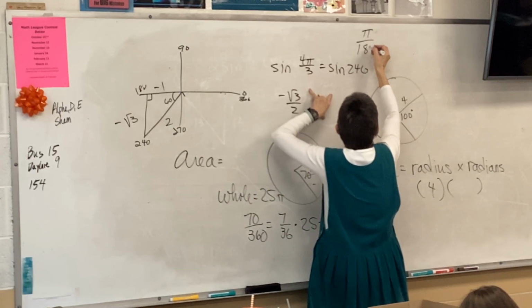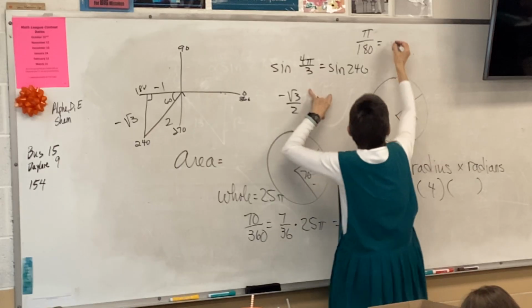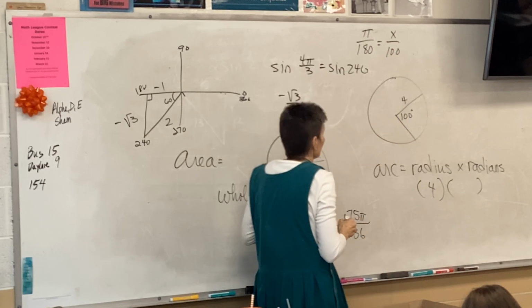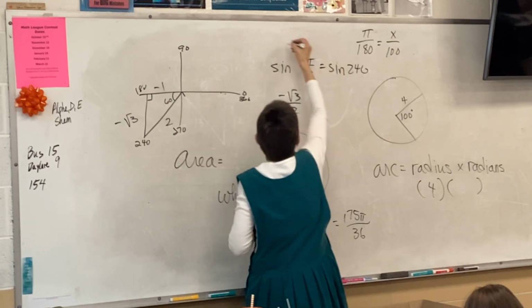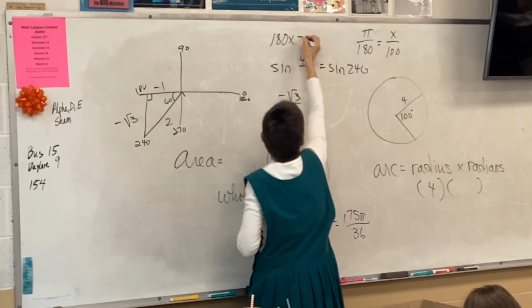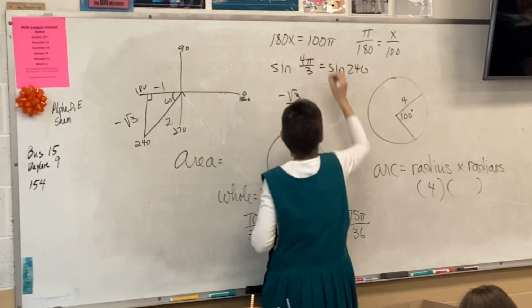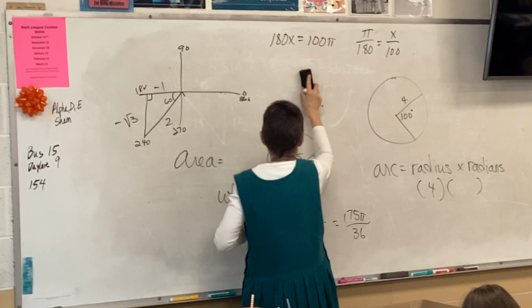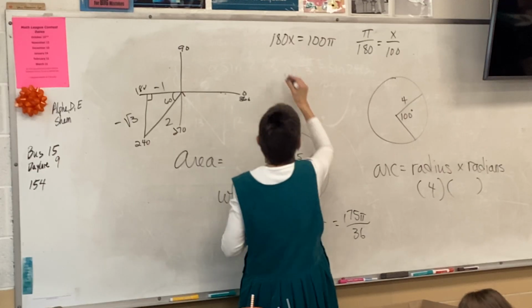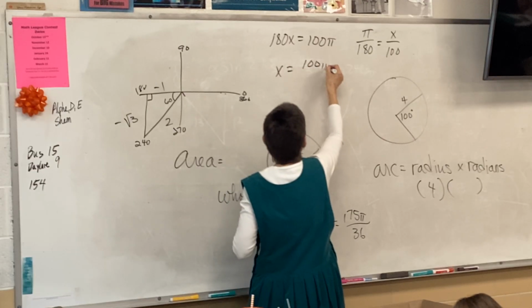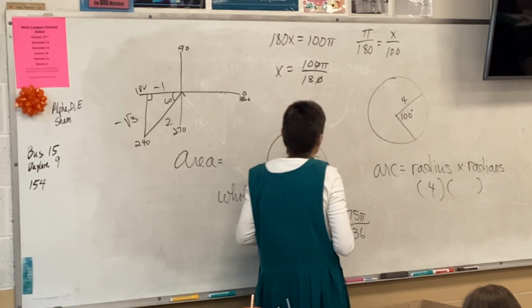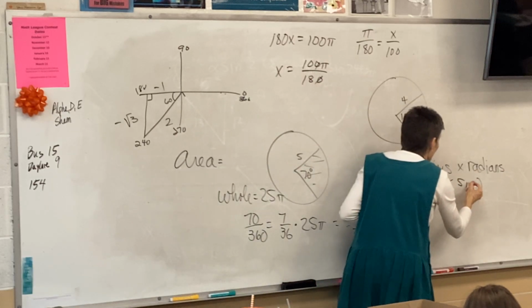Pi over 180 equals x over 100. So 180x equals 100 pi, and x equals 100 pi over 180, which is 5 pi over 9.